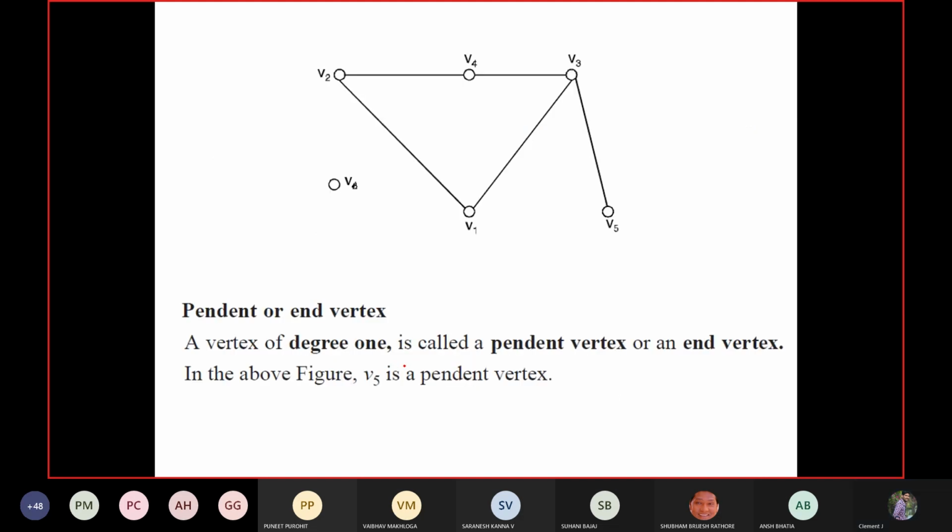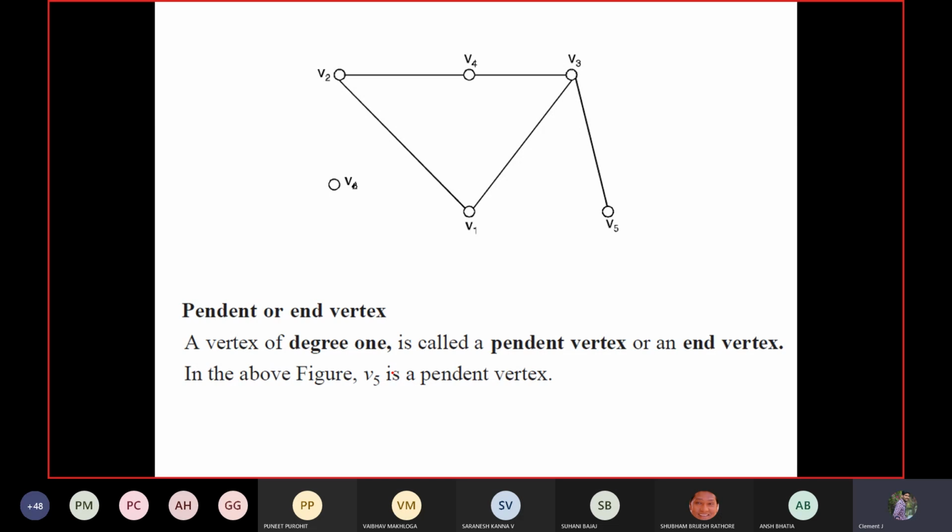Next, there is a difference between an isolated vertex and a pendant vertex. Listen carefully. Isolated vertex means one vertex is separated from the graph. Pendant vertex means if one vertex has degree 1, then that particular vertex is called a pendant vertex or end vertex.